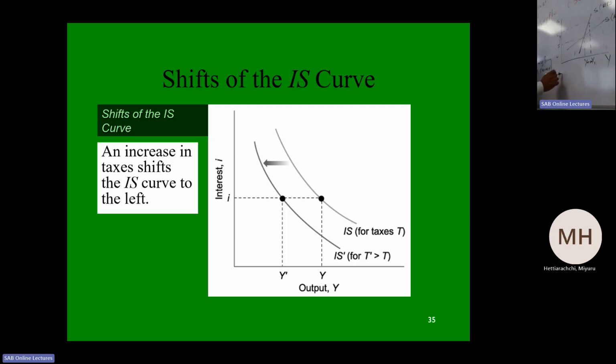When income increases, consumption increases, because consumption is a function of income, or disposable income. When consumption increases, aggregate demand increases again. So that explains the multiplier.